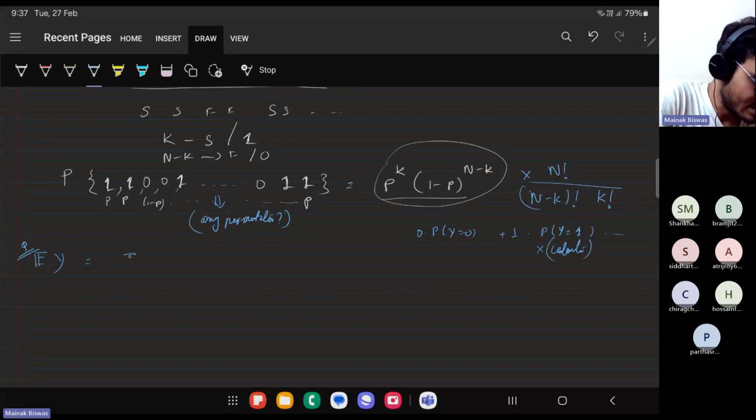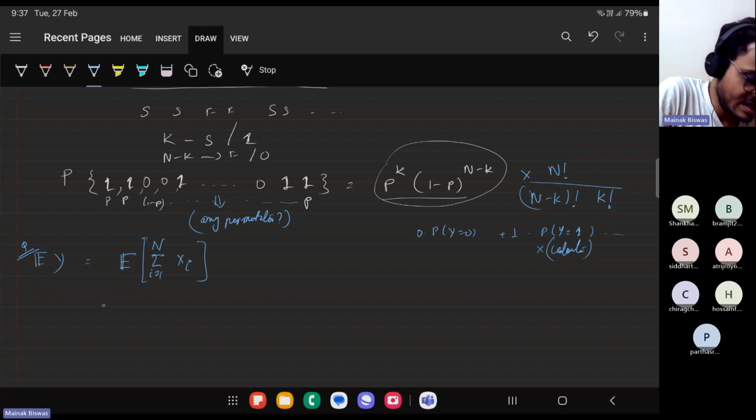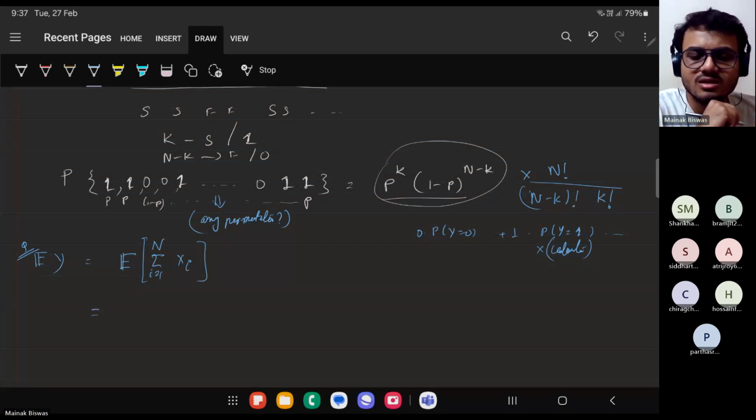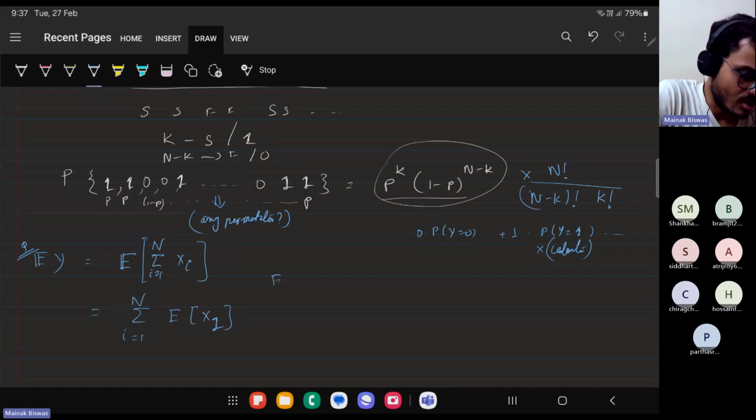So what is y defined as? Yes. So now, by linearity of expectation, what can I write? E of x1 plus E of x2 plus and so on. You just take the summation out. And since it is IID, the probability of each xi is equal.